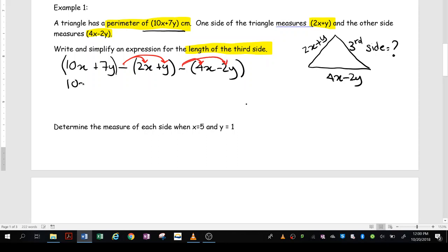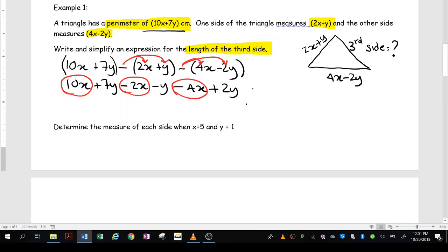So here we have 10x plus 7y minus 2x, and then we're subtracting y as well, minus 4x. Now here we're subtracting negative 2y, so that gives us plus 2y. Now let's circle like terms. So we have a 10x minus 2x minus 4x. I'll do that in red.